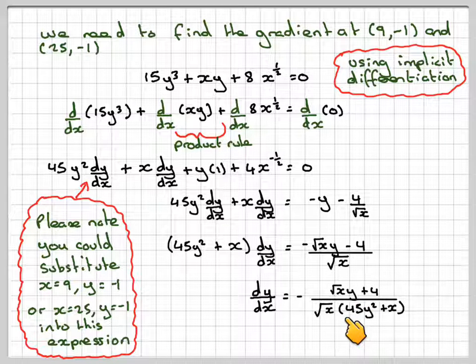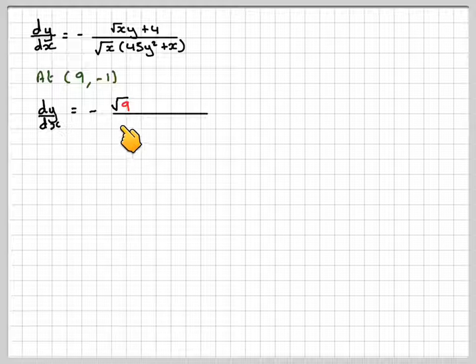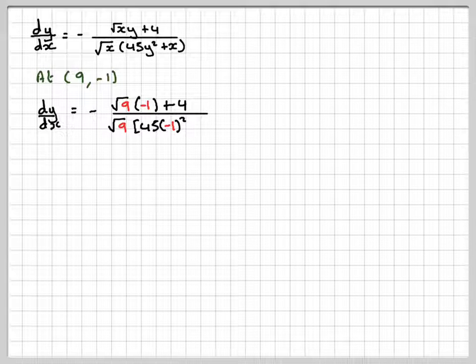Right, so I'm now going to substitute (9, minus 1) and (25, minus 1) into this. So I've got dy by dx is minus root x times y plus 4, all divided by root x times 45y squared plus x. At (9, minus 1), dy by dx will be root 9 times minus 1 plus 4 over root 9 times 45 times minus 1 squared plus 9.